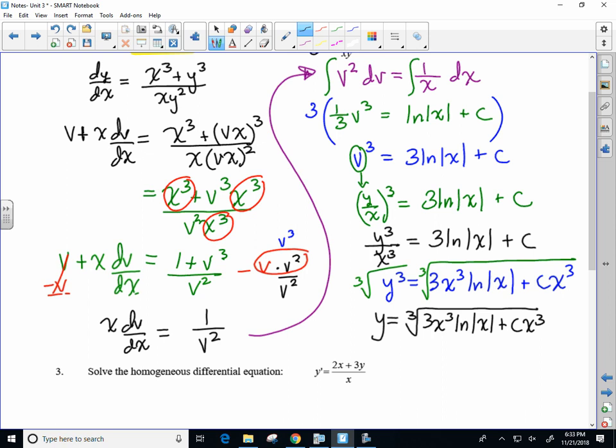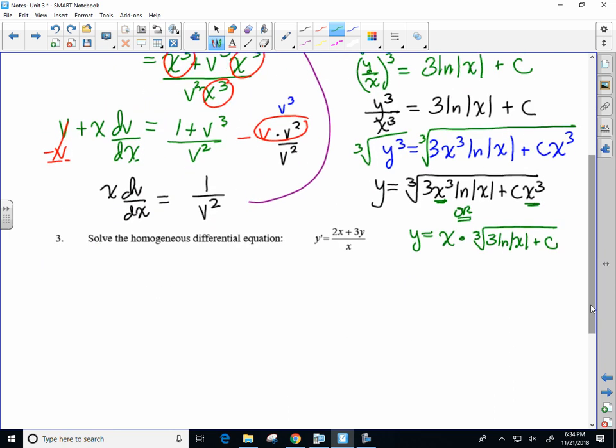So you can call this the final answer, or if you wanted to factor out your x cubed and take the cube root of it, you could say y equals x times the cube root of 3 ln of |x| plus c. And again, that absolute value is there.